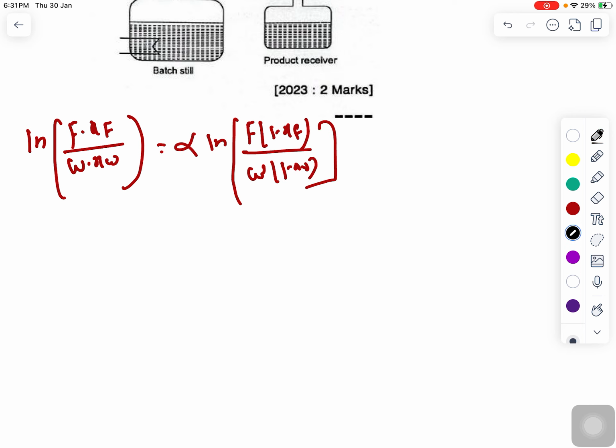This is just an analytical formula for batch distillation.